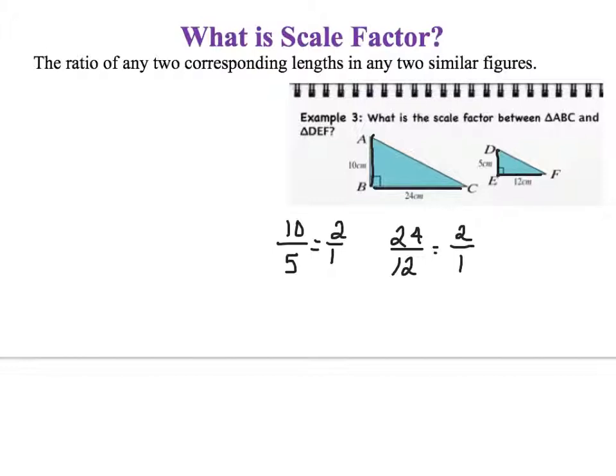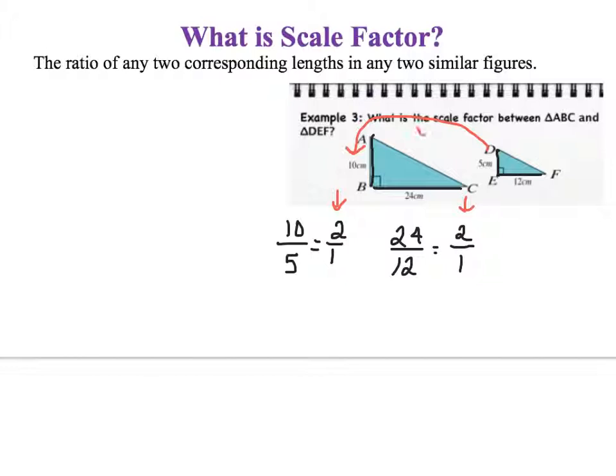And again, these triangles are similar because the ratio of each of these corresponding sides are equal. So this gives us a scale factor of 2 to 1. So what this is saying is that if I go from my small triangle to my big triangle, it increases by a factor of 2.